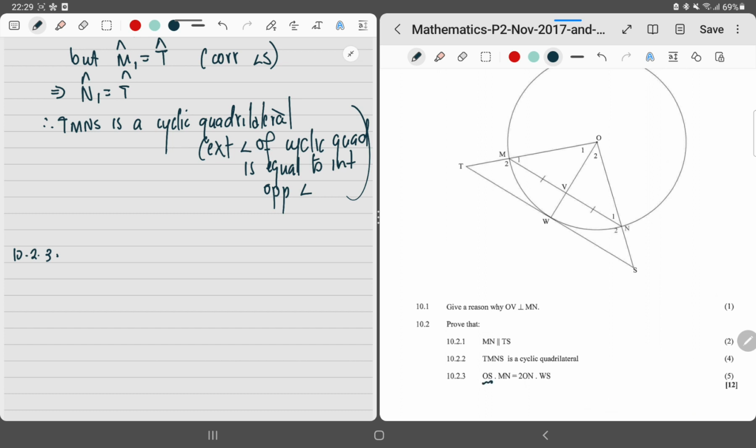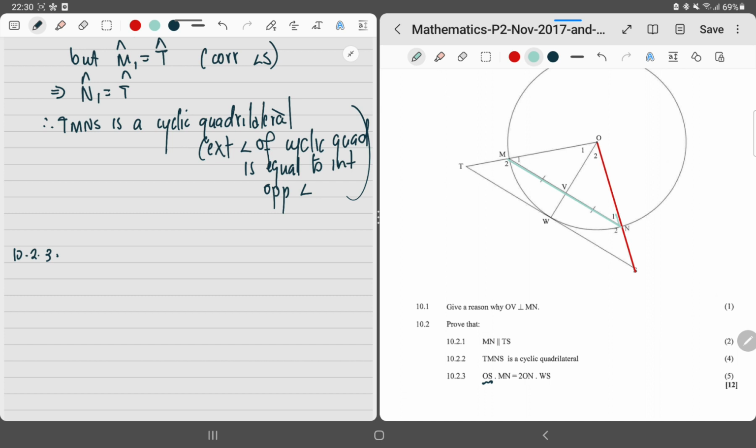Okay, so OS, let me go and find the line OS. OS is right there. And then I'm going to look for MN. That's MN. And then ON.